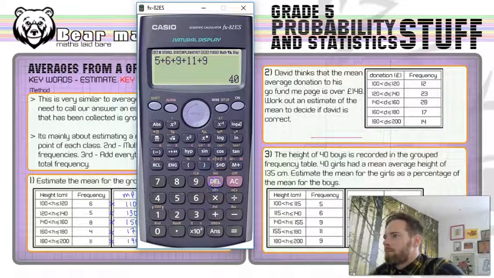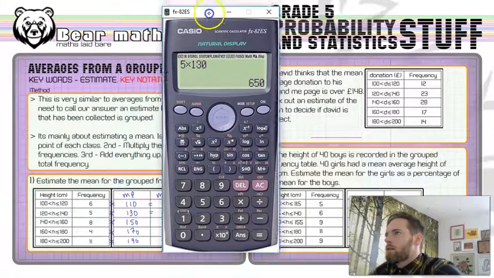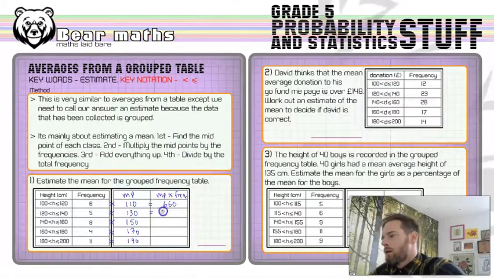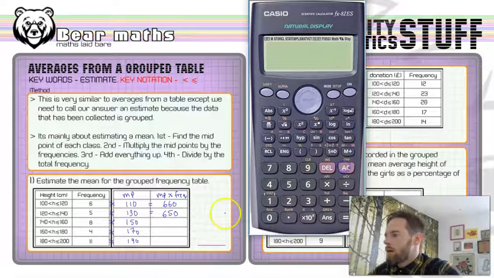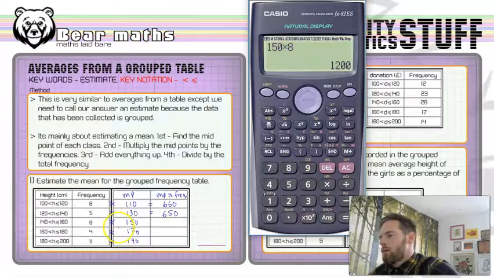So 5 multiplies by the 130, that gives us 650. Let's just move that over there. I have just done this, but I can't remember what all the answers are. I've written the other ones down for the other 2 questions, so it won't take us long. Alright, so 8 times by 150, it gives us 1200.